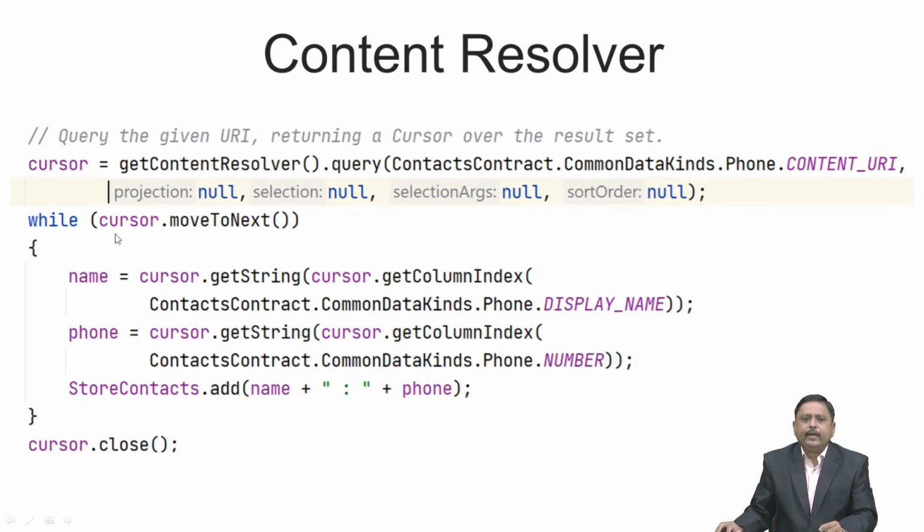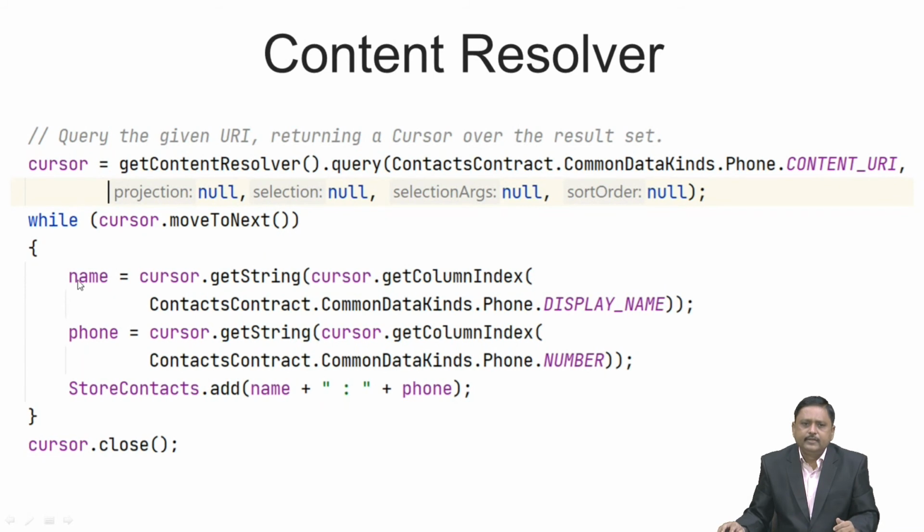This query is used to retrieve all the records one by one until the end of the table. So cursor.moveToNext gives true until it reaches the end of the table. When this method returns false, it means we have traversed all the records one by one.